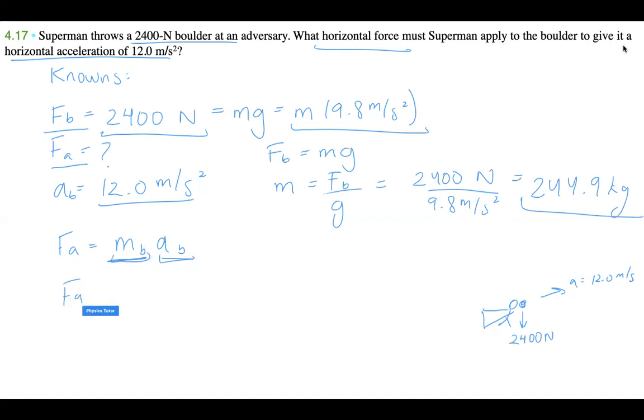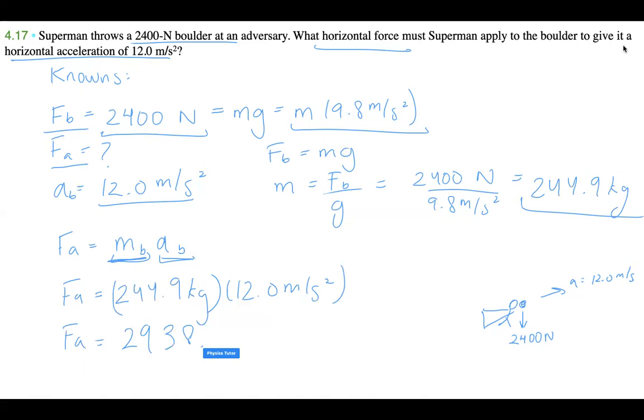And so if that's our mass, we have our acceleration. We just need to see what's the applied force on this boulder. And that's going to be 244.9 kilograms times 12.0 meters per second squared. And FA, or force applied, is going to be 2,938.78 newtons.